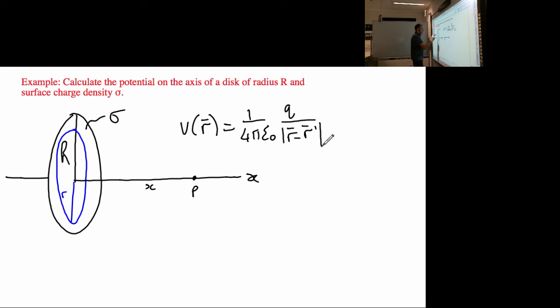So the distance from the ring down to the point P is given by the square root of r squared plus x squared.